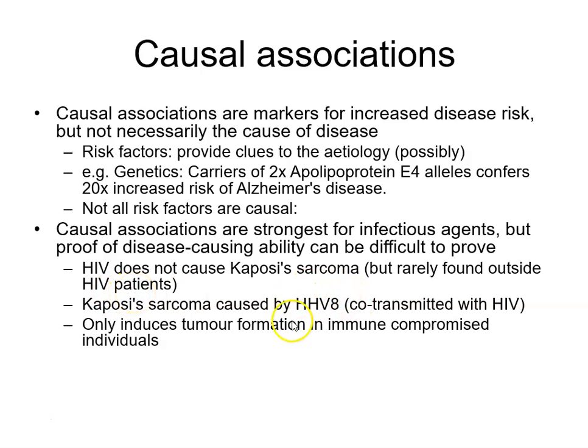So this is an example where it appears that the infectious agent might on the surface cause the disease, but in reality it doesn't. It's a different infectious agent to the one that you would obviously think is the cause. Now, to help disprove that HIV causes Kaposi's sarcoma, there are lots of patients who develop that in the absence of HIV, and they tend to be immunocompromised people, who suffer from either immune deficiencies or are immune compromised for things like transplant reasons and that type of thing.